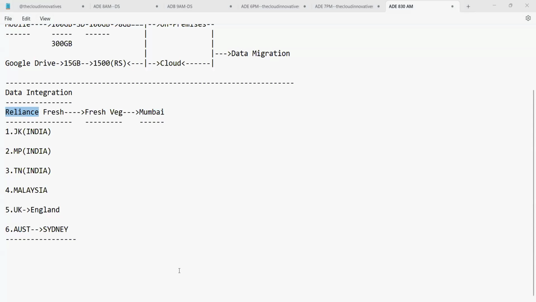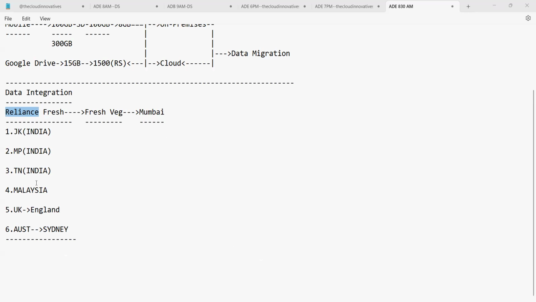That means Reliance has gathered these vegetables from various locations and various parts of the world for facilitating the consumers. Am I right or not?